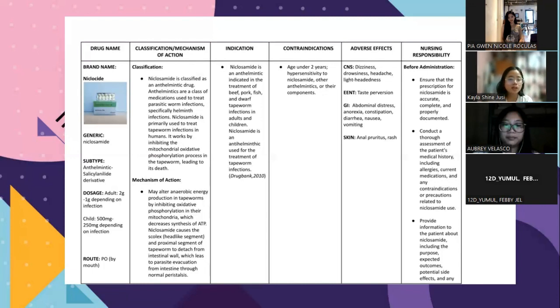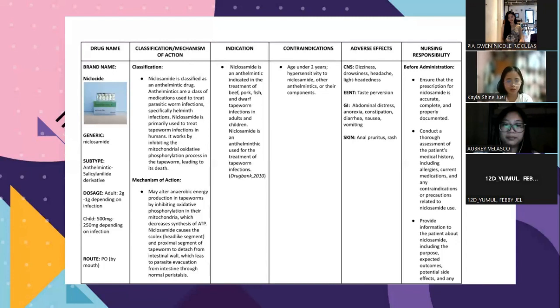And the gastrointestinal adverse effects are relatively common with niclosamide use, and may include abdominal distress, which is general discomfort or pain in the abdominal area, nausea or loss of appetite or decreased desire to eat, constipation or difficulty passing stools or infrequent bowel movement, diarrhea or loose or watery stools, and nausea, feeling of discomfort or queasiness in the stomach, often followed by an urge to vomit.